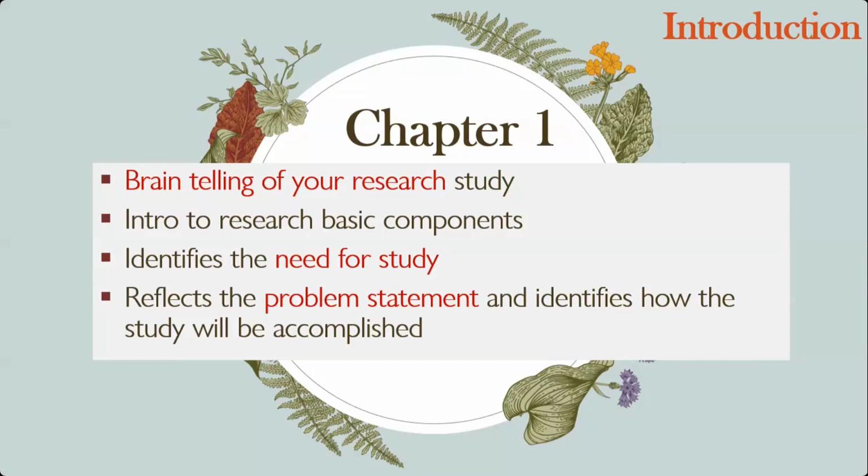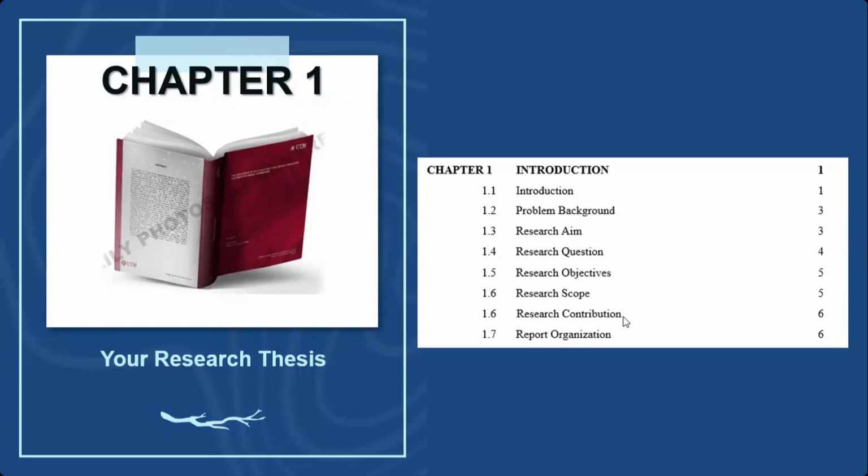An overview of the domain, and you will find information and try to relate one to another until you show the reason why you use a certain solution for this problem, for example. And then you will identify how the study will be accomplished a little bit. Okay, so this is an example of what you normally have in chapter 1.